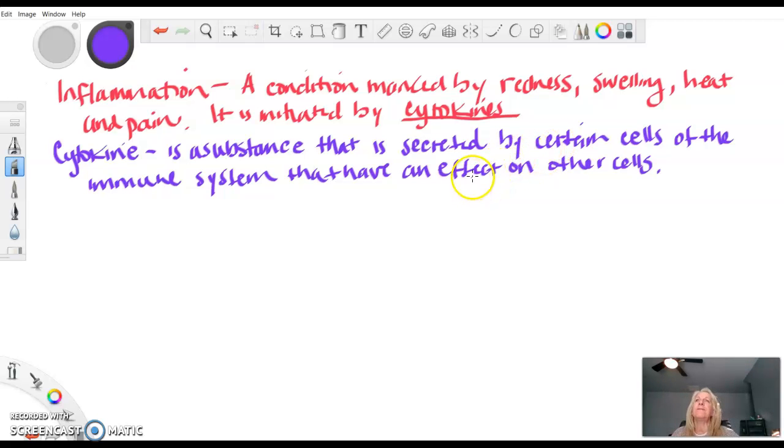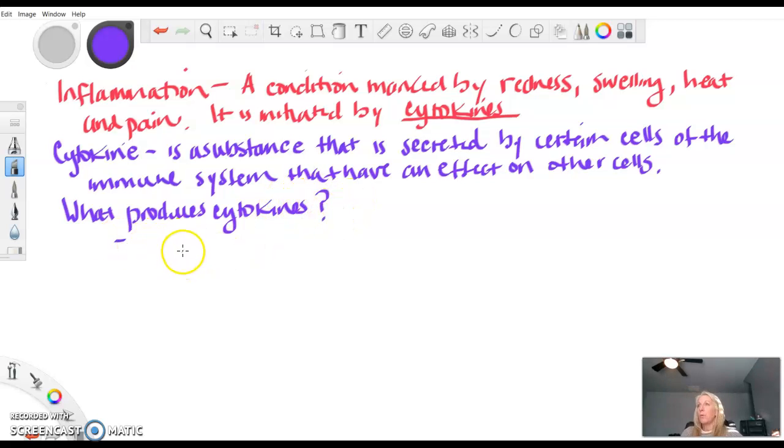So what kind of things produce cytokines? Why do we get inflammation? All right. Well, cytokines are produced by basically tissue damage.